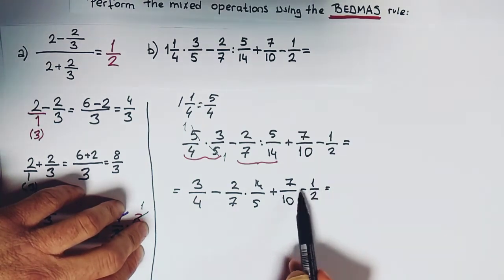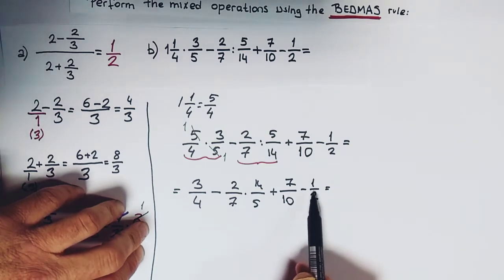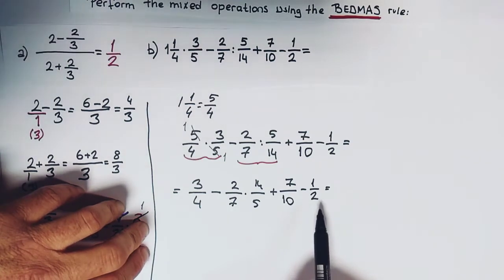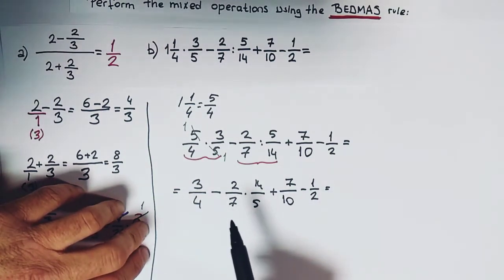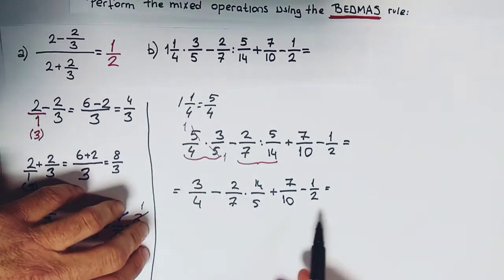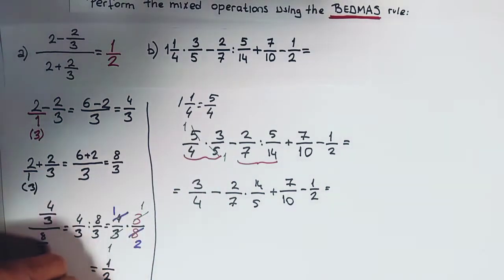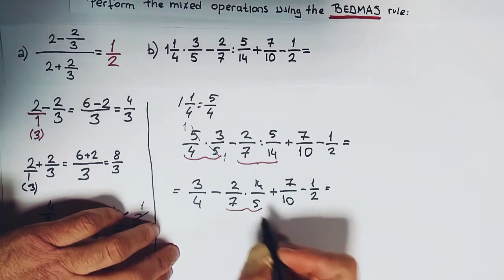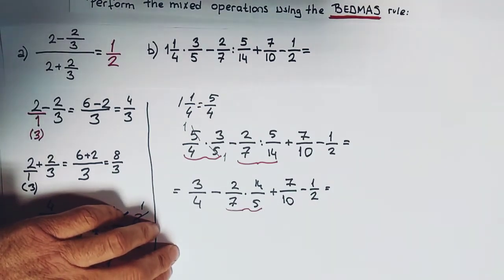Question. Why don't I make the subtraction here, but I rewrite? Remember, when we have only addition and subtraction, or all multiplication and division, we have to start from the left side to the right side. Okay. So here we have priority multiplication.